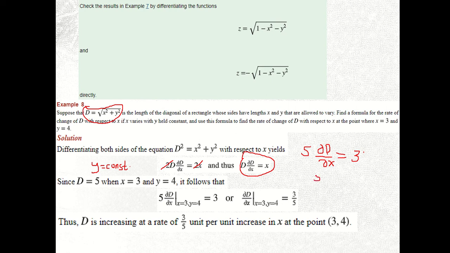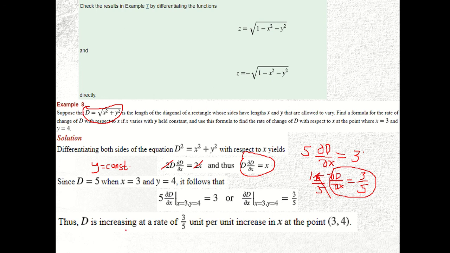So 5 times the partial derivative of d with respect to x equals 3. Divide both sides by 5, so 5 divided by 5 is equal to 1. That's why we have the partial derivative of d with respect to x equal to 3 over 5.